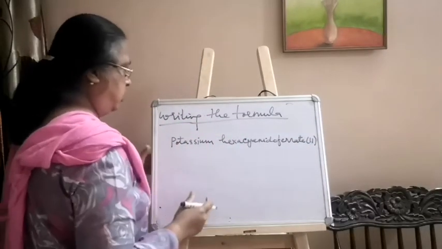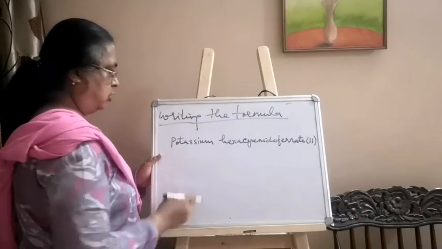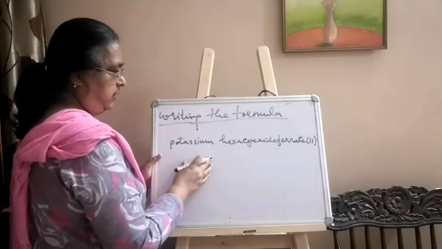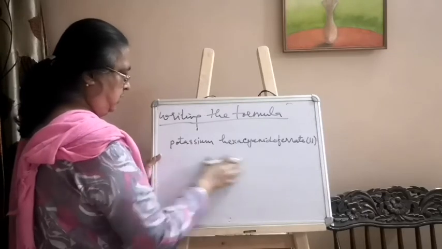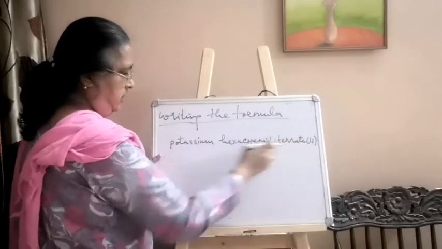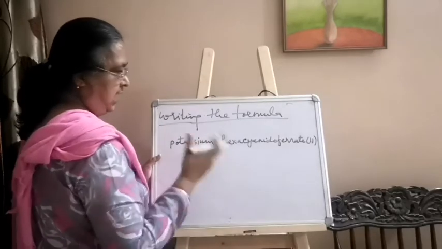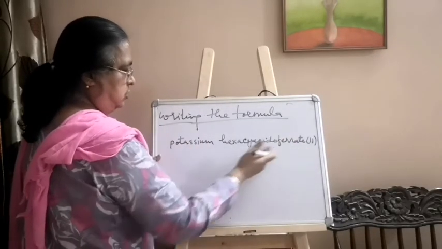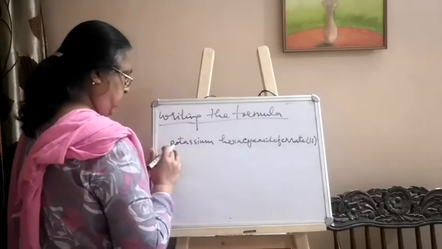If this is given and you have to write the formula, so you can decide very easily what is ionic sphere, what is positive part, what is negative. So here two metals you have. So out of the two you decide which is central. Central metal atom is always written after ligand. So this is complex entity and this is ionic.